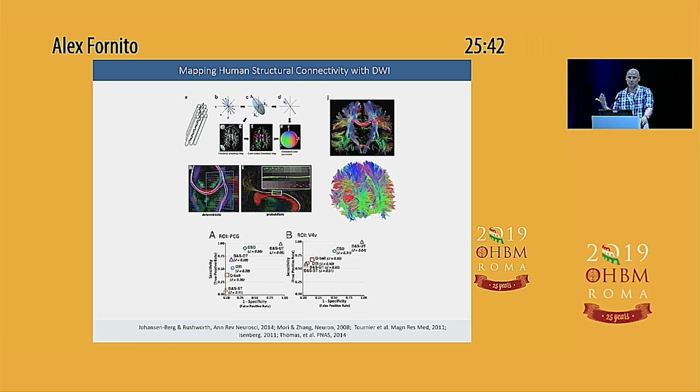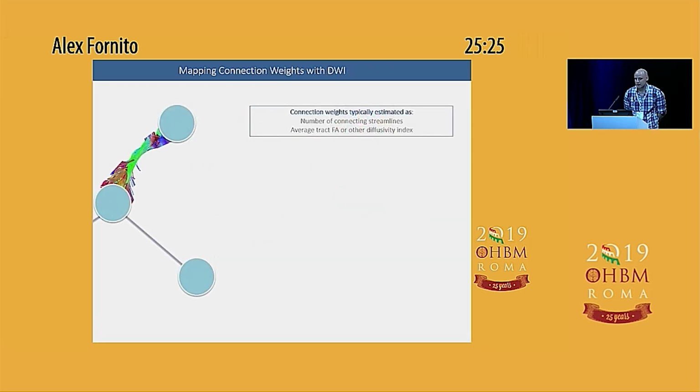And so it's just important to keep in mind that the specific algorithm you use to map the tracks is going to affect the final network that you get at the end. And Rob is going to go into more detail about some of the issues associated with processing diffusion MRI later this morning.